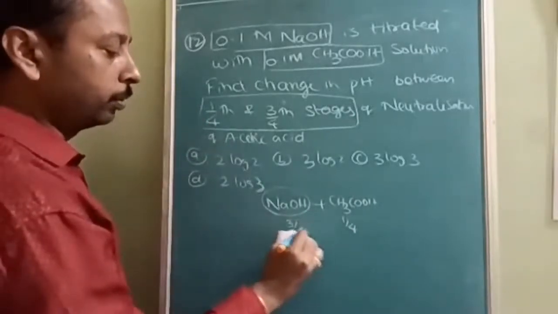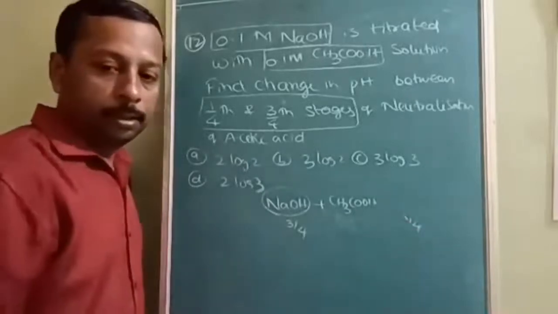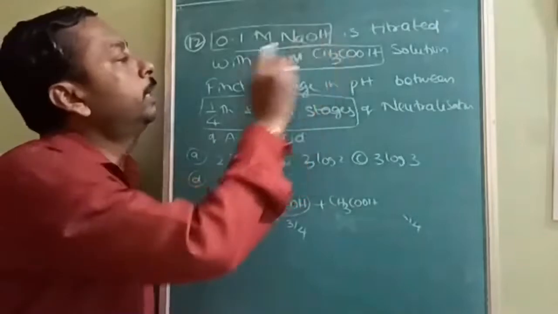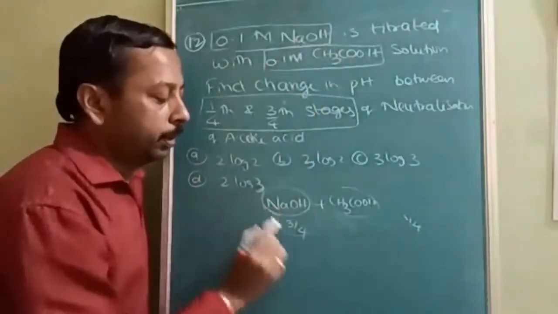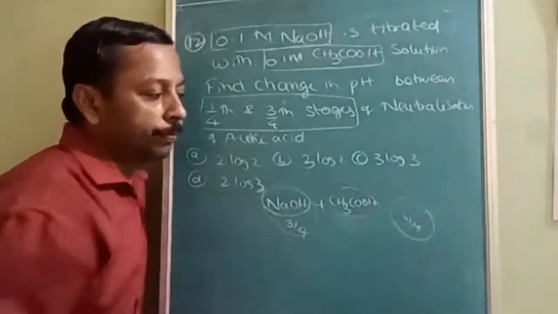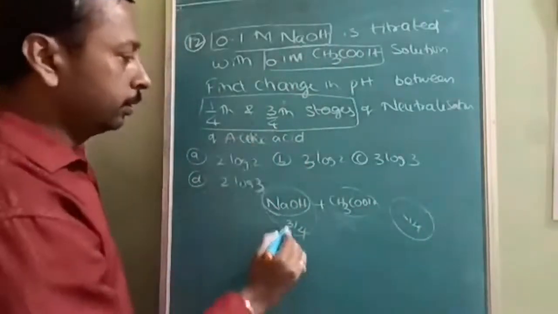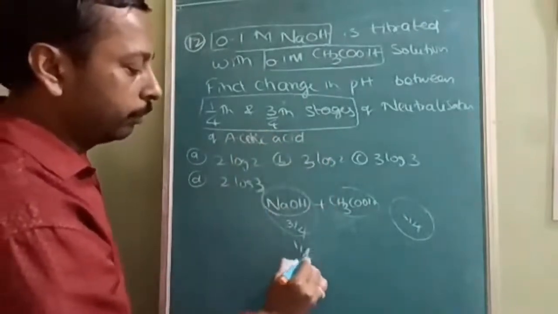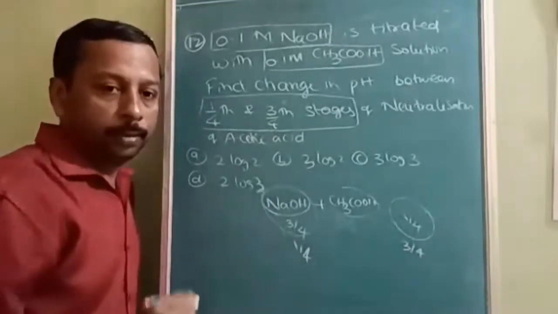So 3/4 will be as it is, and 1/4 will be salt. 3/4 will be base, and the salt formed will be 1/4. Is it understood? And 3/4 means 3/4 is titrated, so 1/4 will be left over here, and 3/4 will be salt.